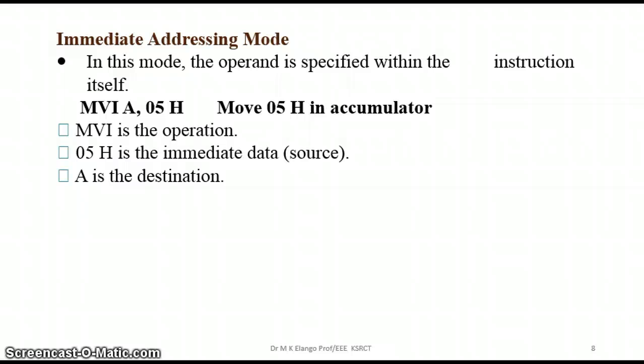In this mode, the operand to be operated, that is the data, is specified within the instruction itself. Example: MVI A, 05H, move 05H into the accumulator. Here MVI is the operation, 05H is the immediate data where H denotes hexadecimal, and A is the destination.